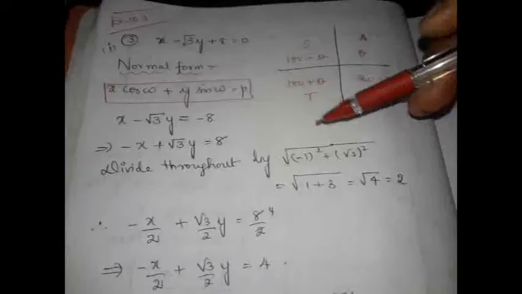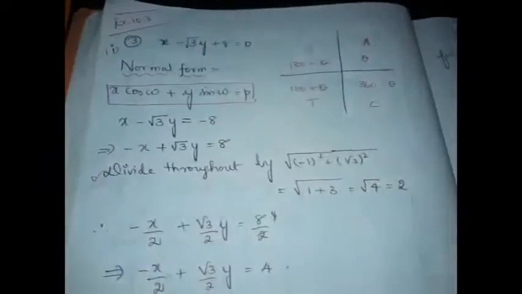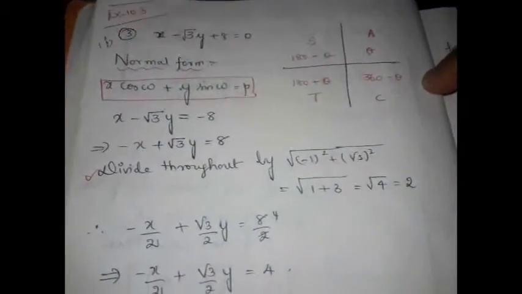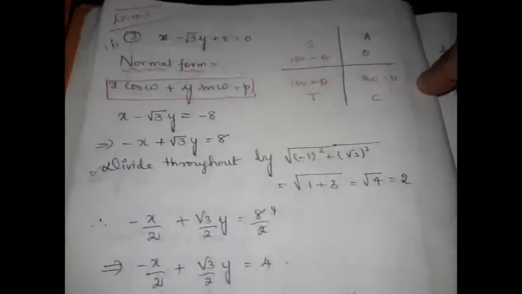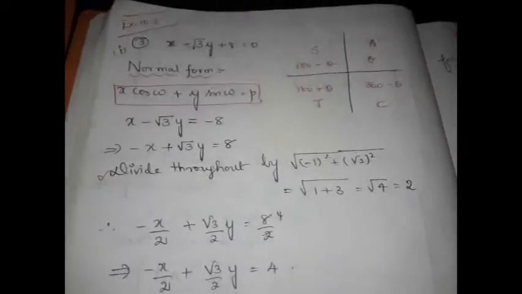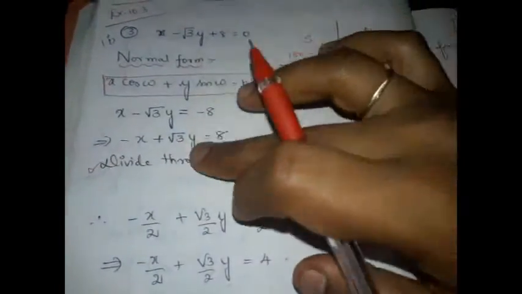And after this is the step you have to remember to express in normal form. What is that step? After this, we cannot directly write cos omega is minus 1, sin omega is root 3, and p is 8. Why?